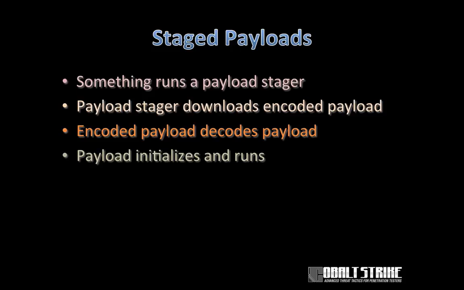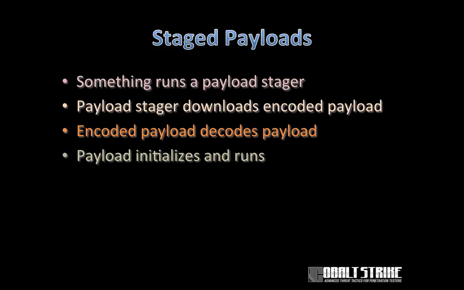When you're dealing with staged payloads, the process to get a payload in memory broadly looks like this. The first step is that something, some artifact, maybe some exploit, runs the payload stager. The payload stager downloads an encoded payload. We download an encoded payload because if the payload is not encoded, then it's likely to be picked up going over the wire and flagged as malicious.